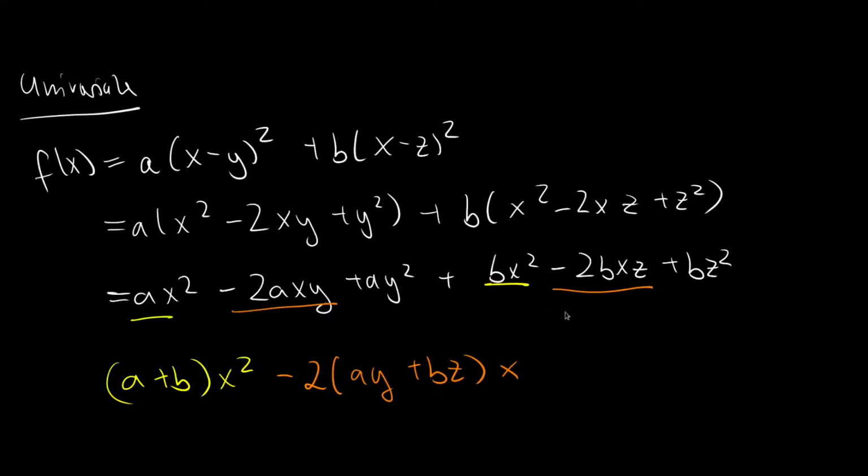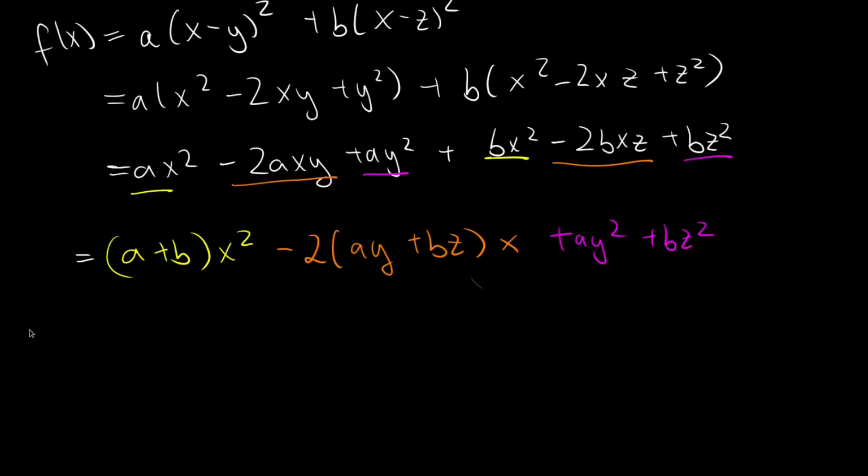The terms that are constant in x are ay squared and bz squared, so let's add them together: ay squared plus bz squared. We see that we have another quadratic equation, but which is not in the standard form. So let's form it into standard form by completing the square.